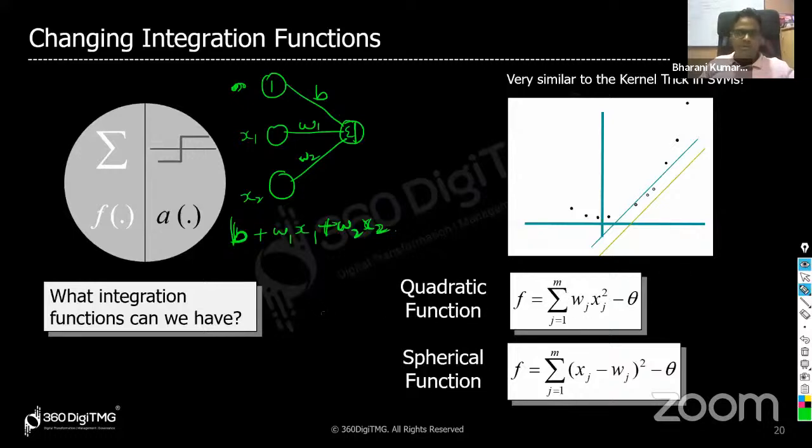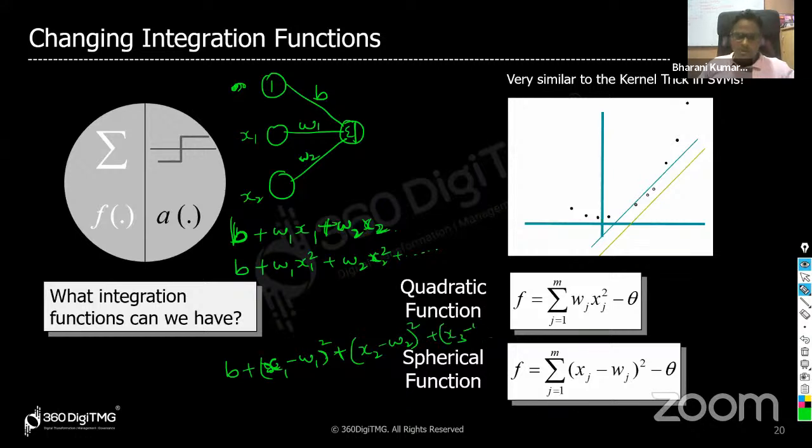Then quadratic function, how does it work? B plus w1 x1 squared plus w2 x2 squared, so on and so forth. This is quadratic function. How about spherical function then? B plus x1 minus w1 whole square plus x2 minus w2 whole square plus x3 minus w3 whole square, so on and so forth.